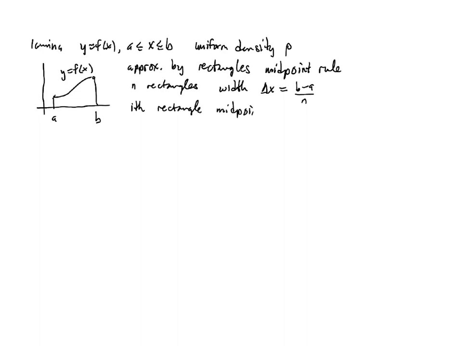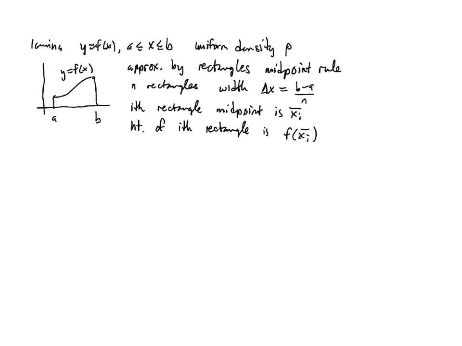midpoint is denoted by xi bar, and then the height of that rectangle is gotten by taking that midpoint and plugging it into the function.